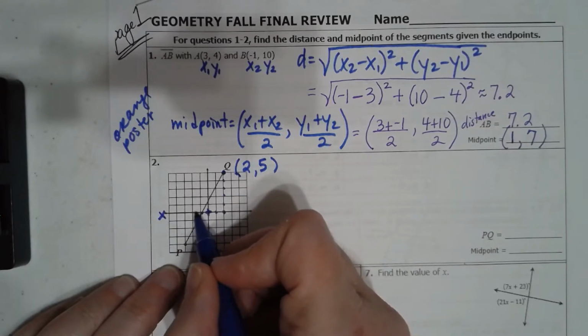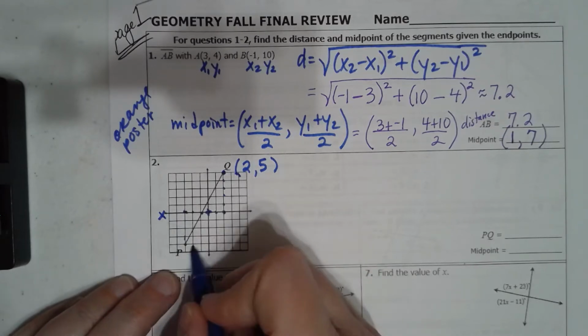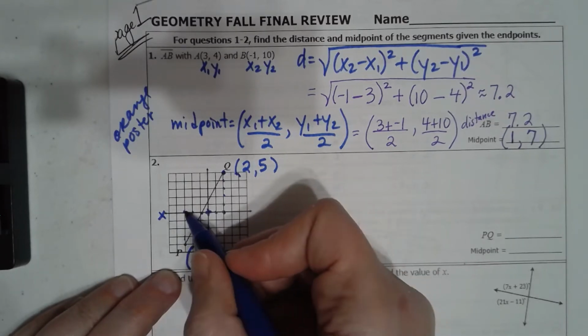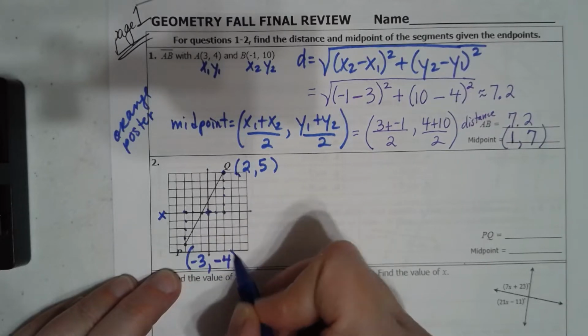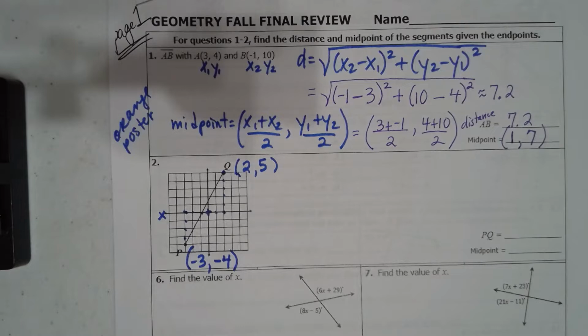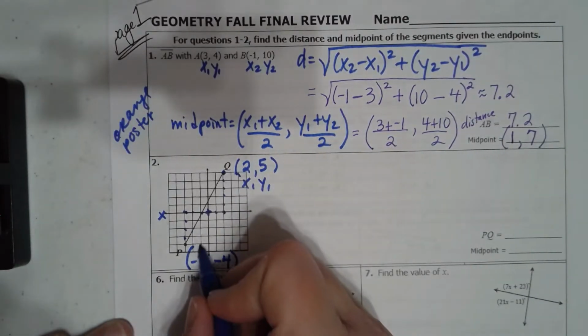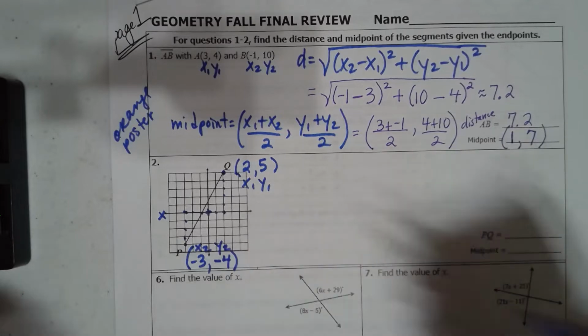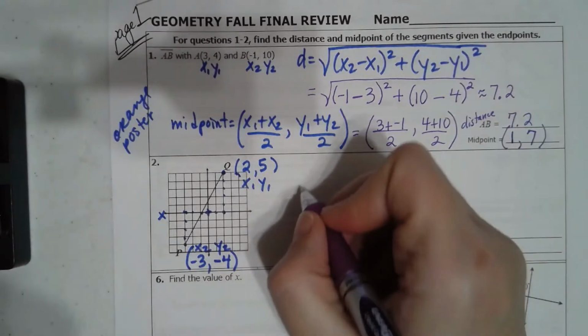So we go over 1, 2, 3 till we're on top of the P, which is -3 to the left. And then we go down 1, 2, 3, 4. Down 4 is -4. So this is going to become x1, y1, and this is x2, y2, or you can do it the other way. It doesn't really matter. It's the same thing either way.